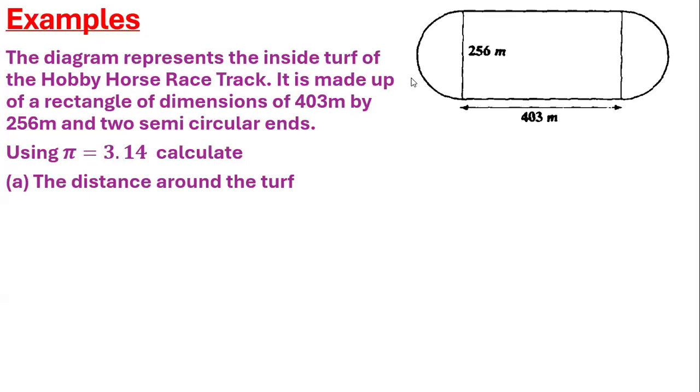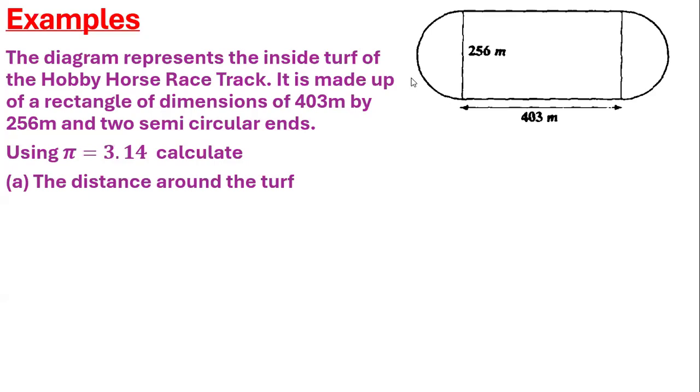The diagram represents the inside turf of the hobby horse racetrack. It is made up of a rectangle of dimensions 403 meters by 256 meters and two semicircular ends. Using pi equals 3.14, calculate A, the distance around the turf. All right. A strong reader.